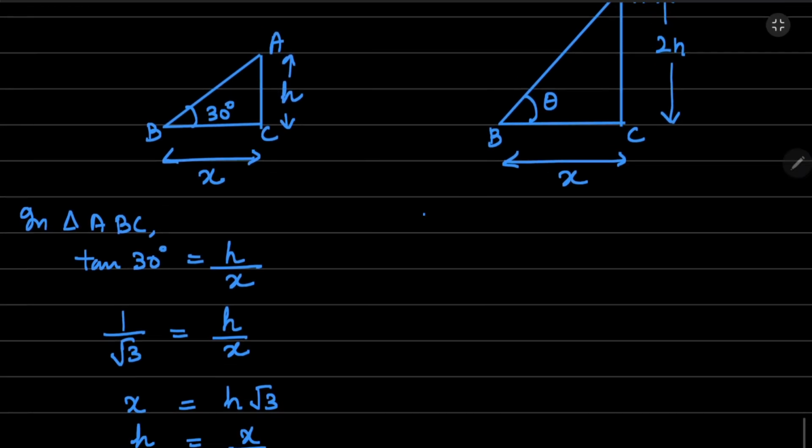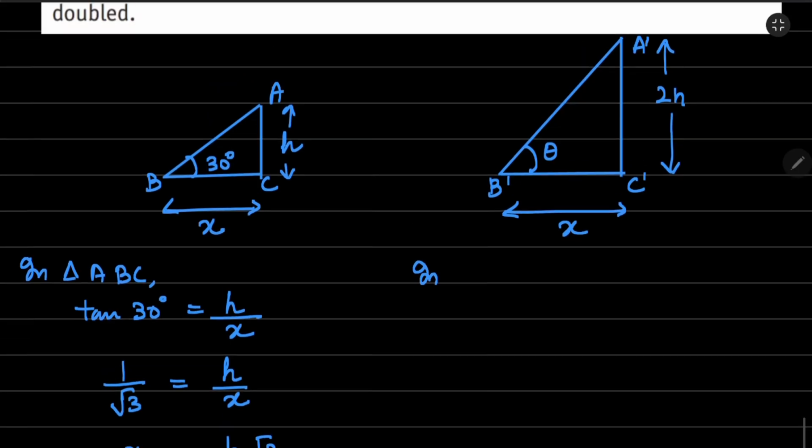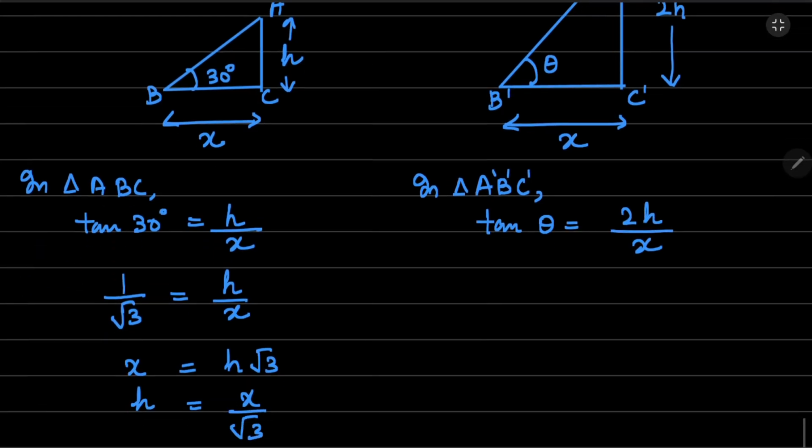In the second scenario, in the triangle, probably we can say A dash, B dash, C dash, what is tan theta equal to? Again, same, perpendicular by base, 2h by x. In place of h, we can substitute h as x by root 3.